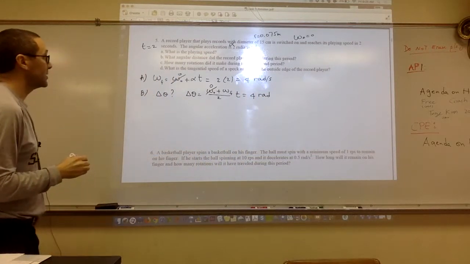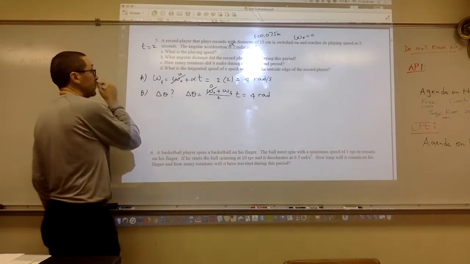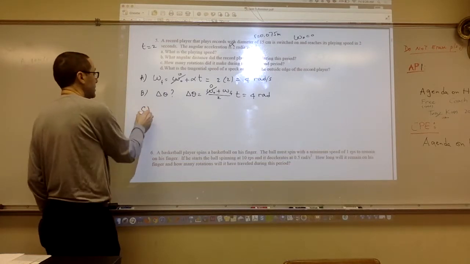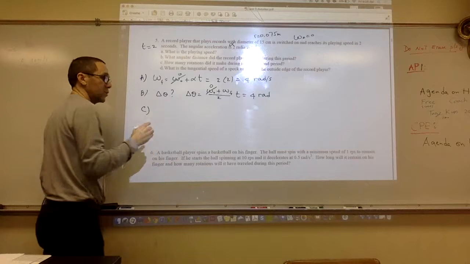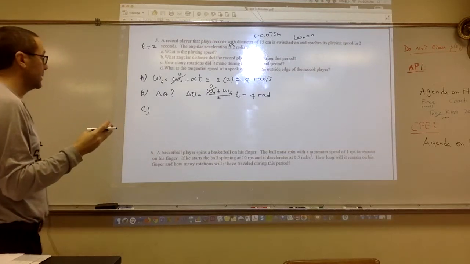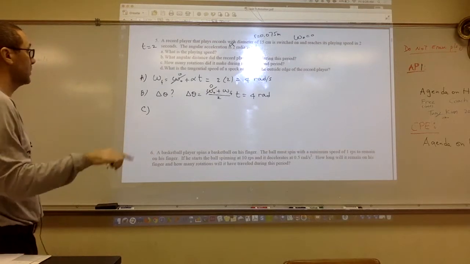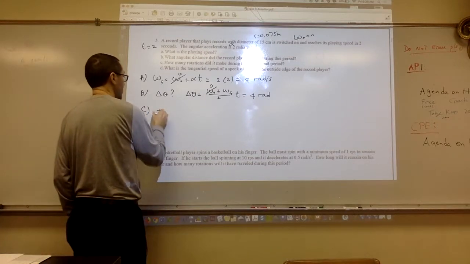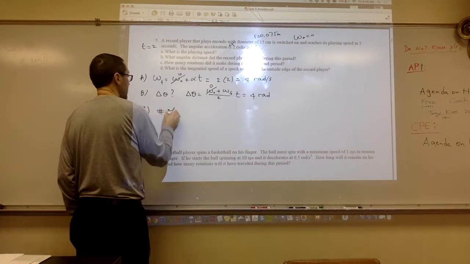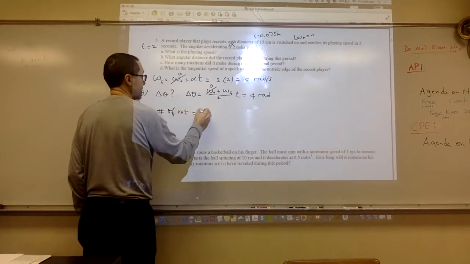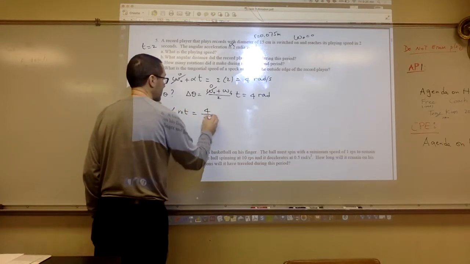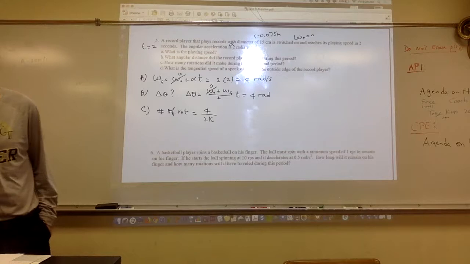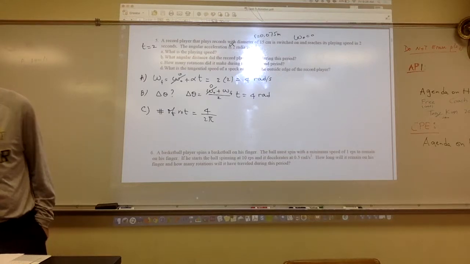How many rotations did it make during the 2-second period? So you have 4 radians, and each rotation has 2 pi radians. So I think the number of rotations is just going to be 4 over 2 pi, which is 0.64.